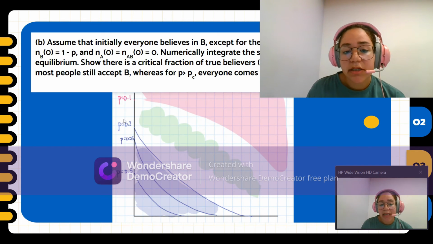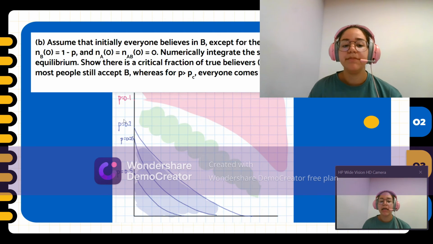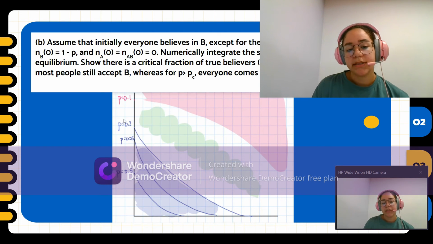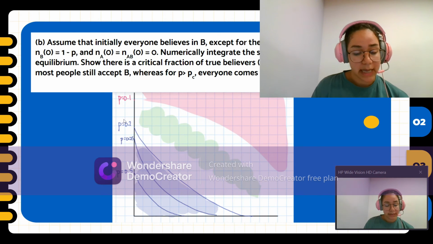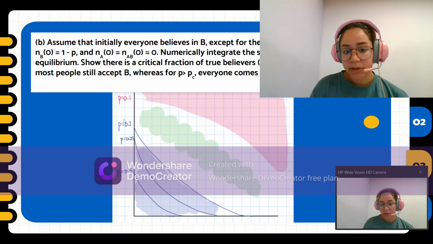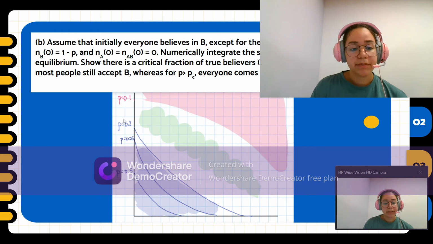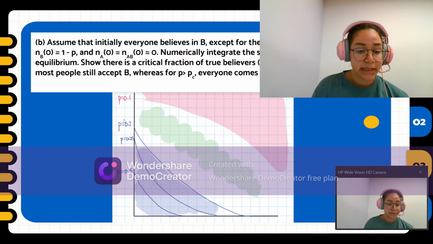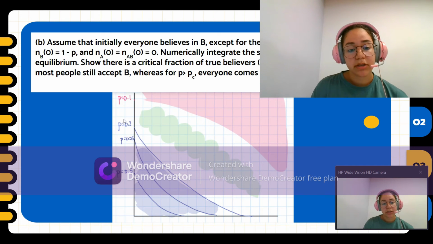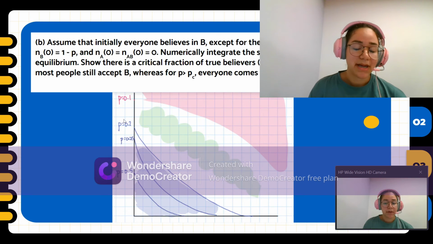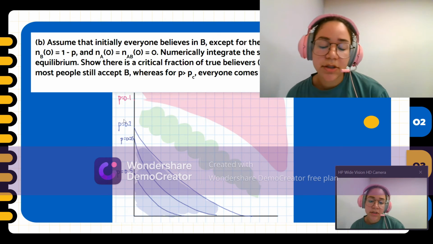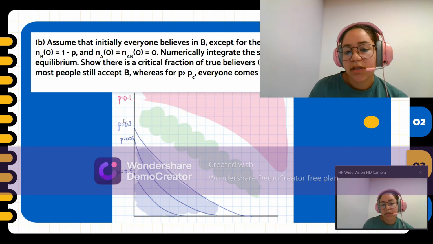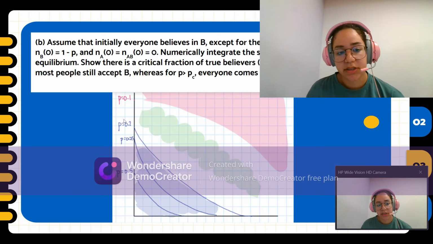We don't know exactly where it is, but it should lie between when P is equal to 0.1 and P is equal to 0.2. We know that anything below PC, people are going to accept B, and if they're above that critical point, they're going to be coming around to group A. I labeled it with the colors of the group members from earlier.